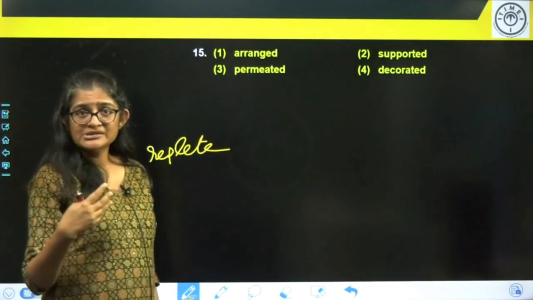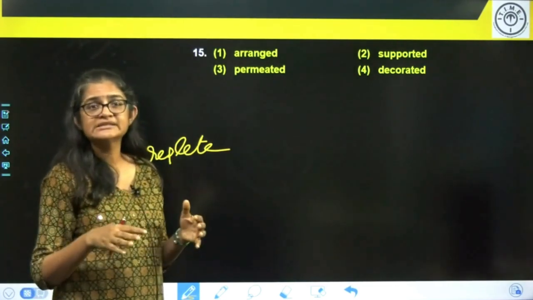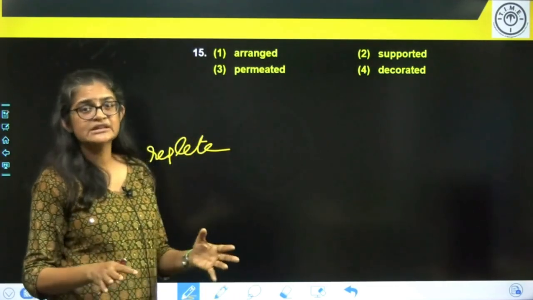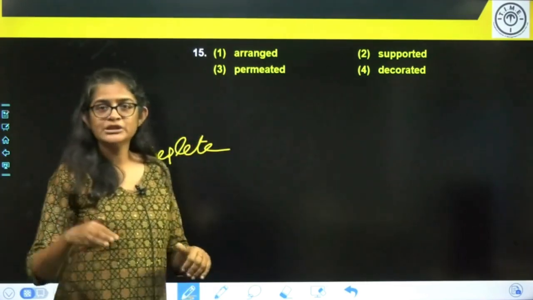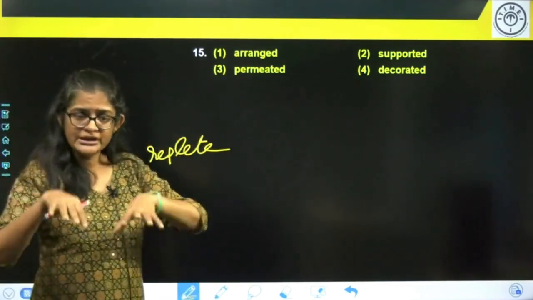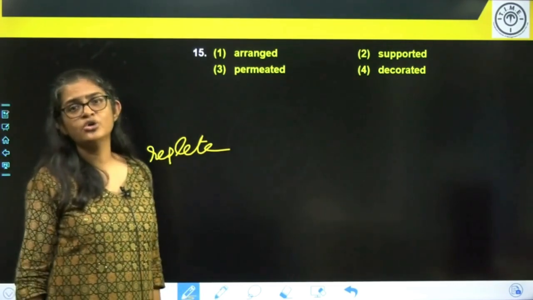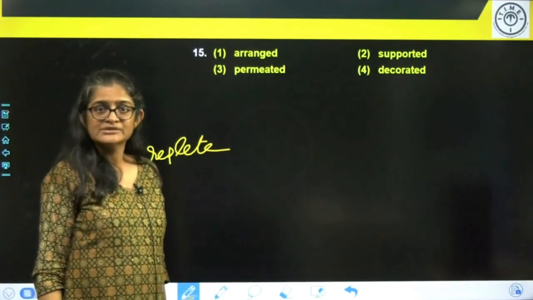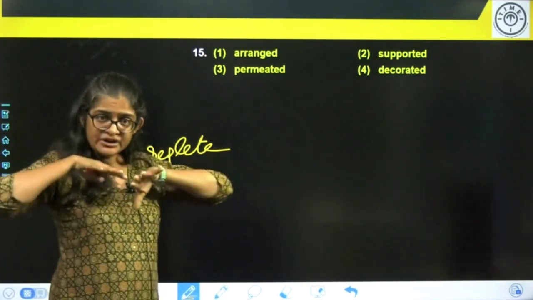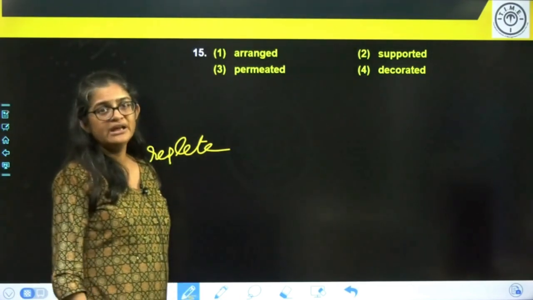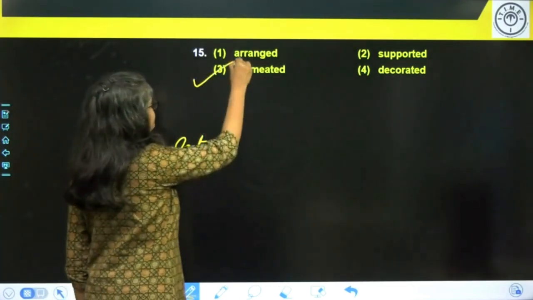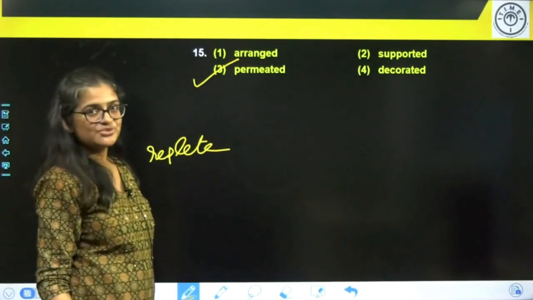But these languages have borrowed freely from Sanskrit means it is full of Sanskrit words. Permeated with. To permeate is to go deeply and spread all over something. Okay. So, Sanskrit words have spread deeply into all other Indian languages. Hence, permeated is the right word.